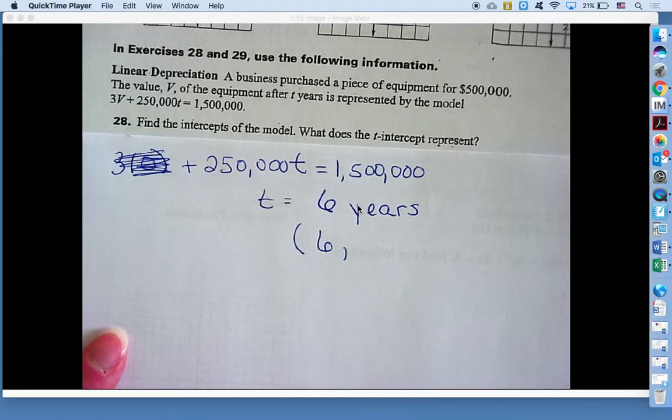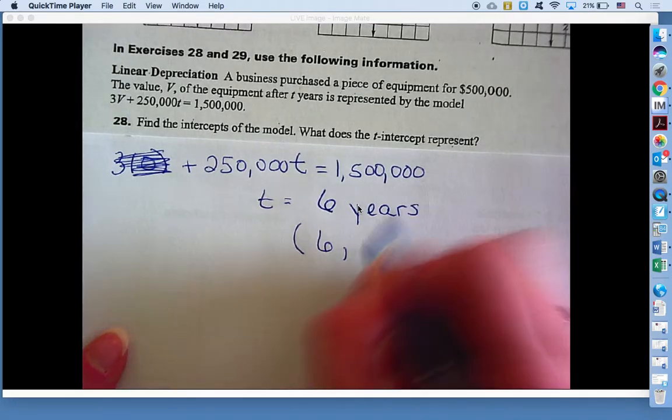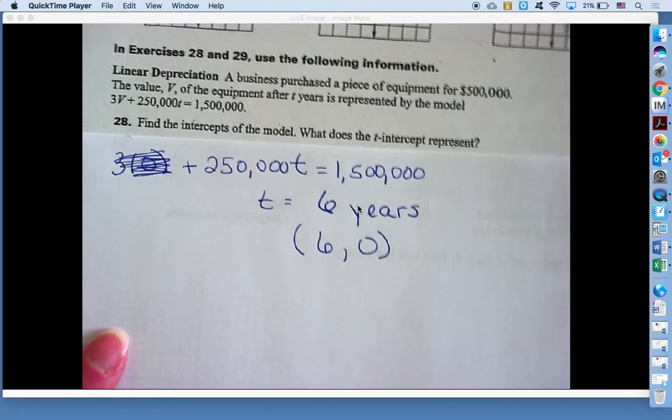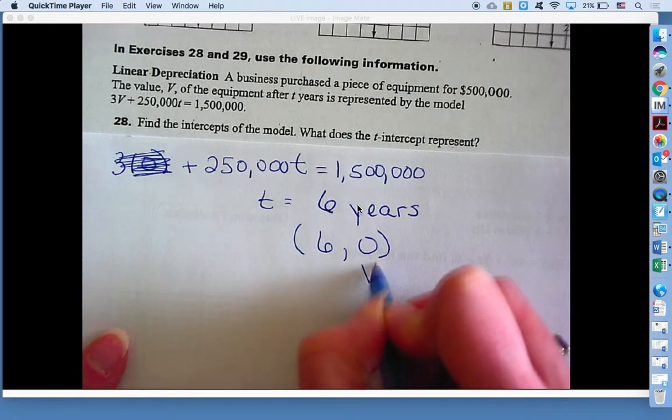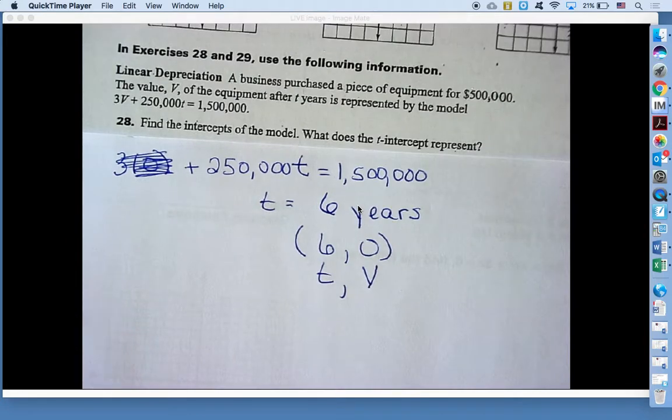Depreciation depends on time. Things depend on how long something takes. So my y variable was really the V. So here's the V, here's the T. So if I were asked to describe what the T-intercept represents, what does 6, 0 really mean? Shaylin?